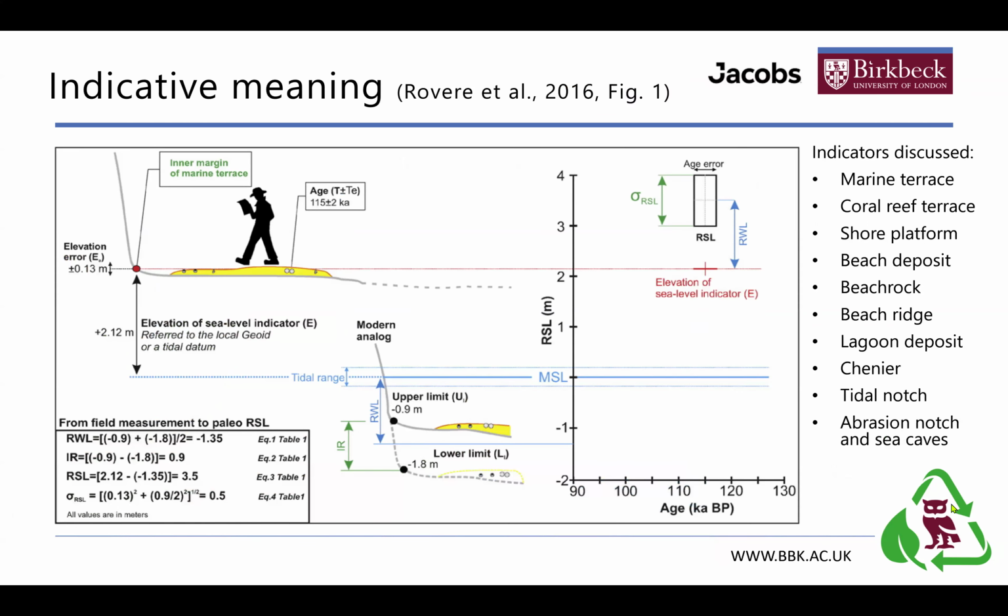So they came up with this unbelievably complicated process. And it's even more complicated if you have a more complicated geomorphological feature. So they've got a diagram that looks a bit like this for all of those sea level indicators that are listed on the right-hand side of the slide.